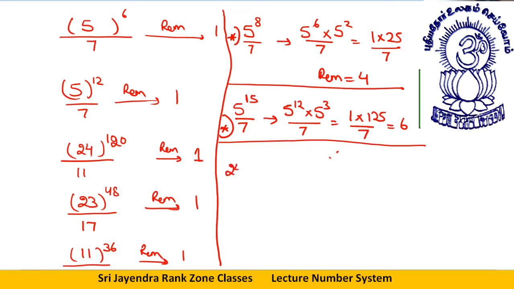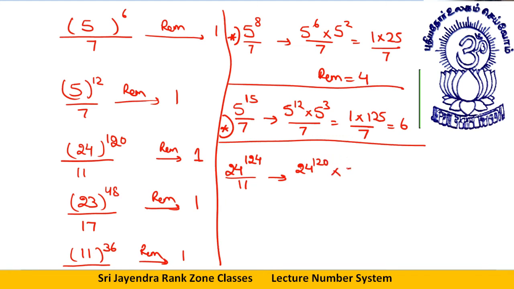This one, 24, a big number now. Let's take a good example. Suppose I say 24 raised to the power 124 divided by 11. What will happen now? I already know 24 raised to the power 120 will give me a remainder of 1.